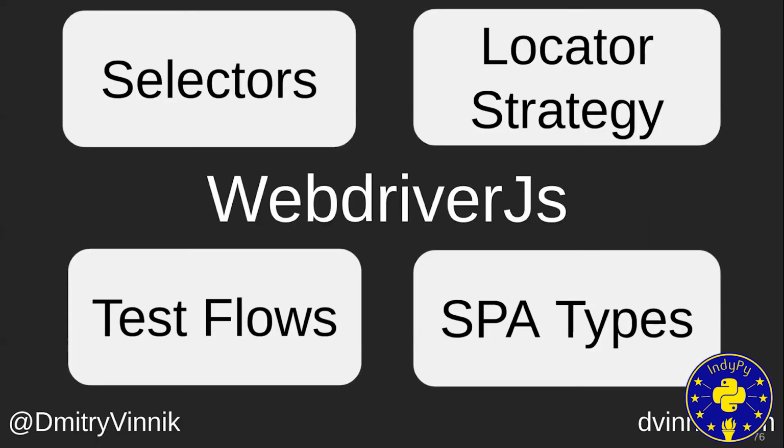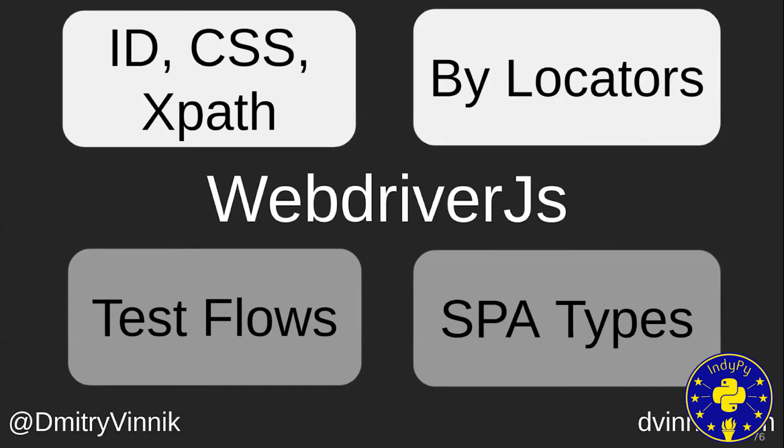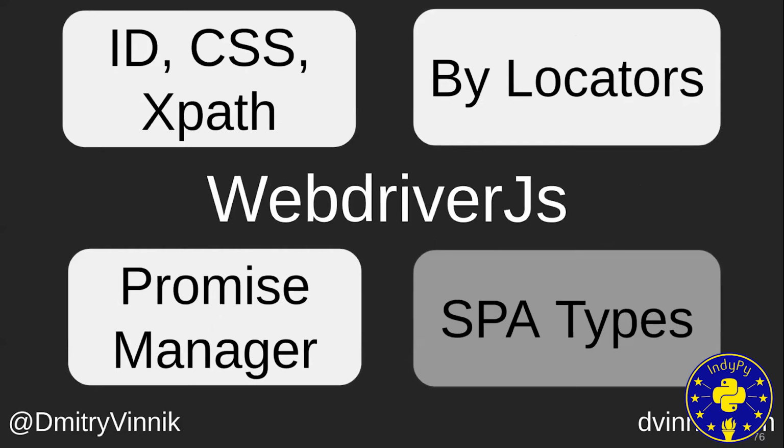In terms of WebdriverJS, fairly simple. The same selectors you probably used to: ID, CSS, XPath. You find elements by locators, basically by dot ID, CSS, XPath, like the previous highlight. For the test flow, we used to have something called Promise Manager, which was extremely important for JavaScript users because especially with Node.js, sometimes it's tricky to deal with asynchrony.